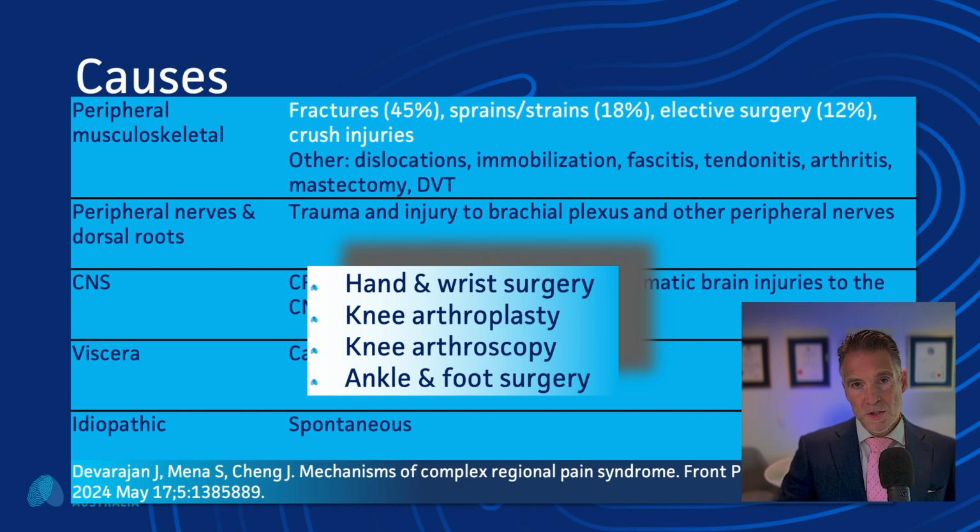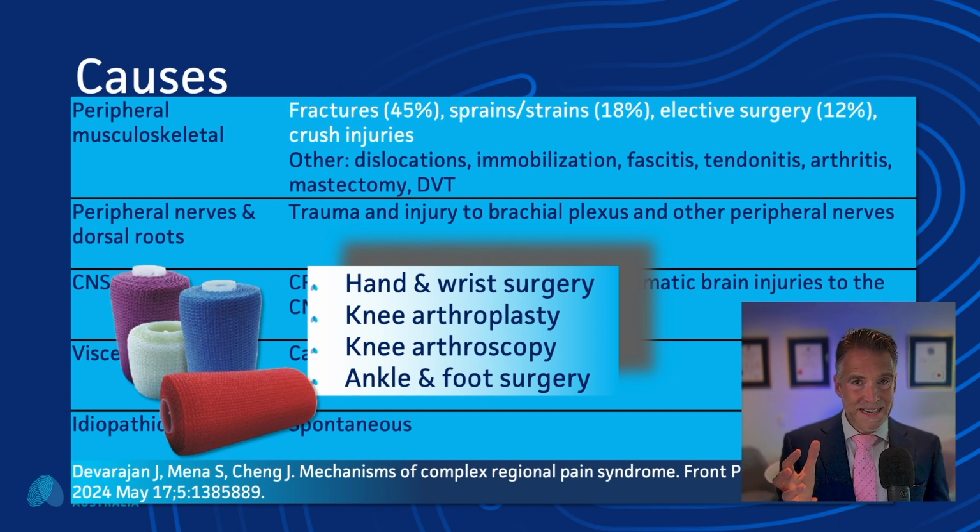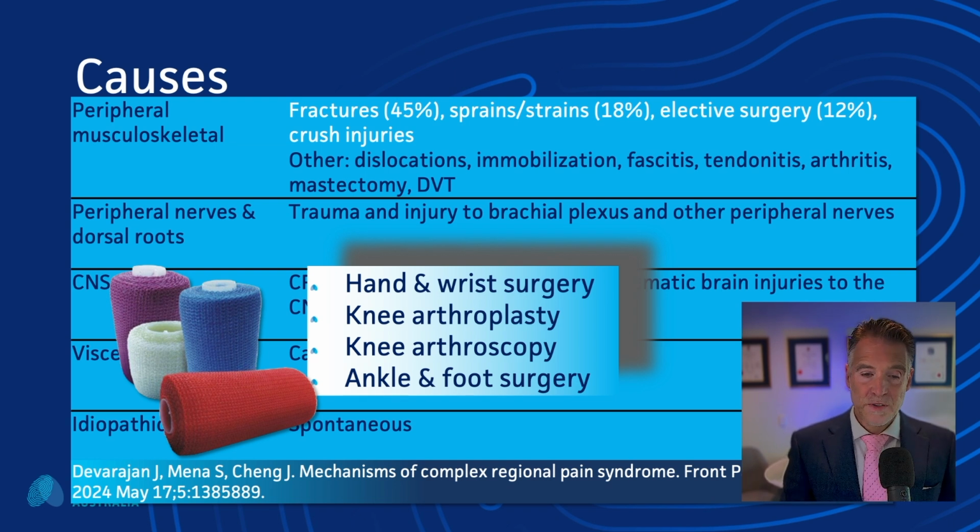It doesn't say that these surgeries commonly cause them, but they are associated with them. And that's just a reminder that any form of immobilizing the body can cause CRPS. So if a person is put in a cam boot for a sprain, you have to be concerned that they may develop the symptoms of CRPS.